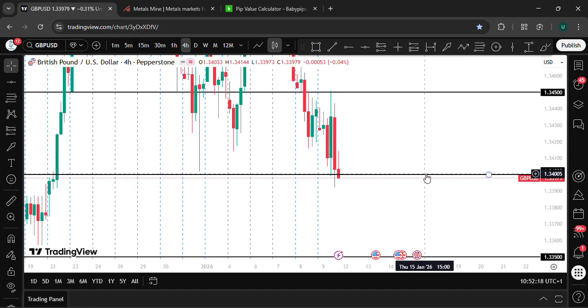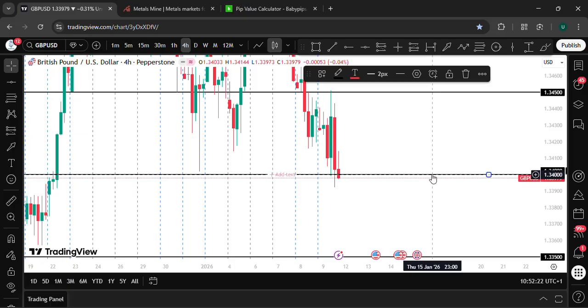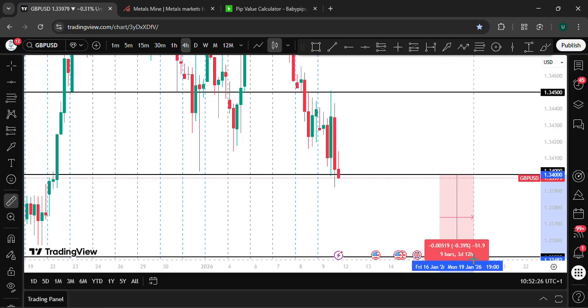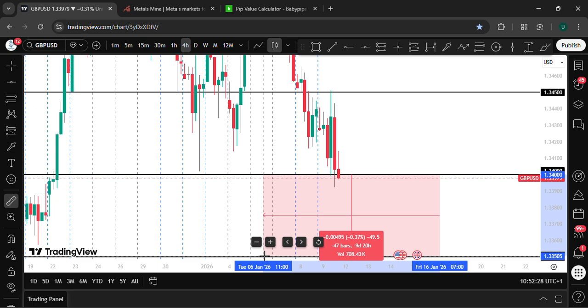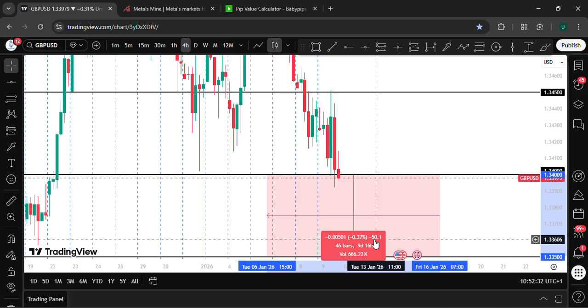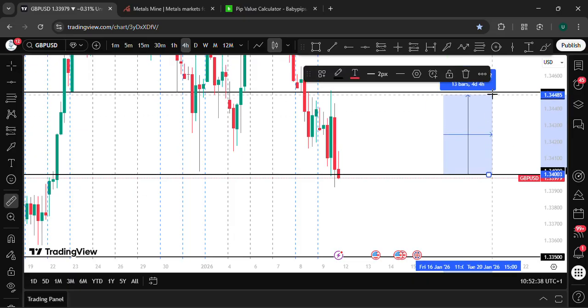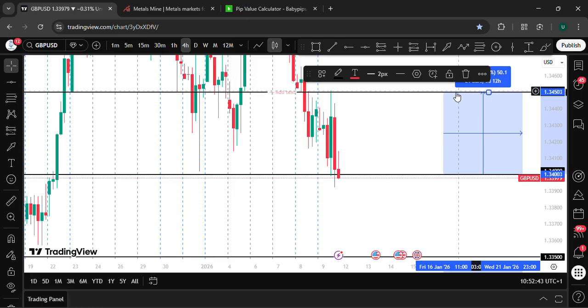If you measure also from here to down here, we discover it's equally 50 pips, and equally going up it's the same. You just have to drag it to the other side and you see it's 50 pips up here.